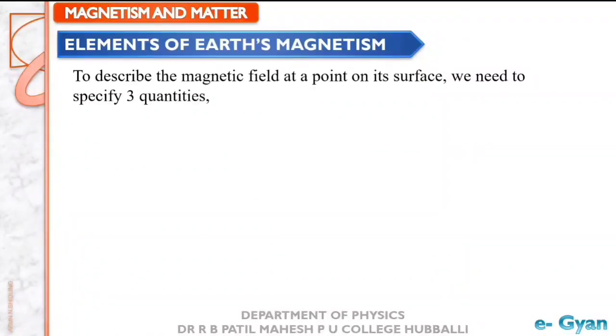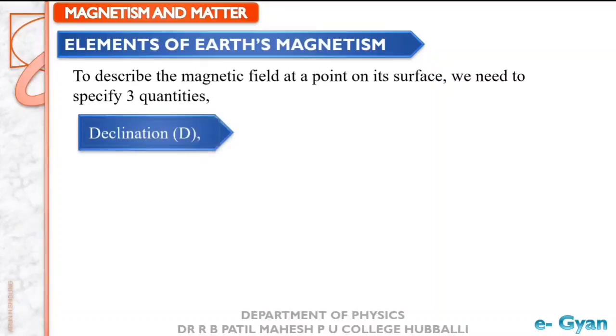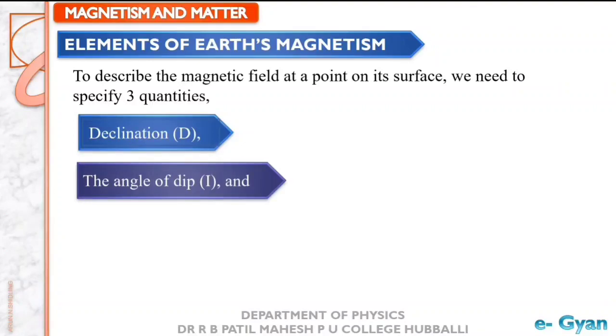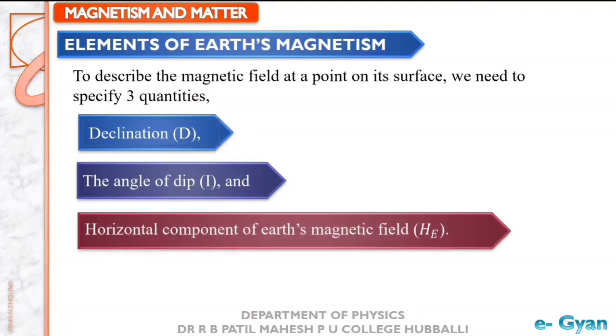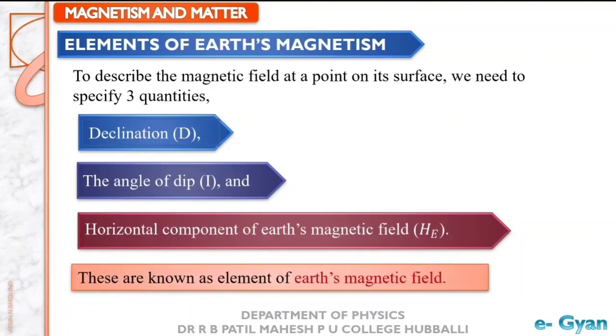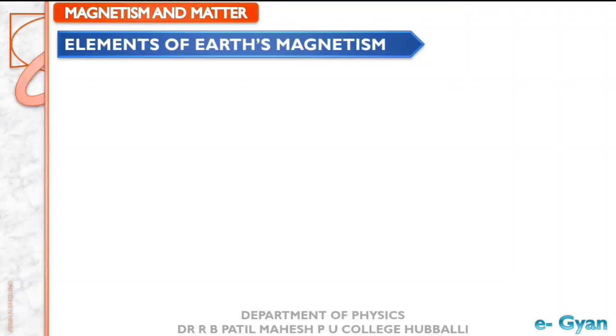Firstly, the declination D at a place; secondly, the angle of dip I, or inclination, at that place; and thirdly, the horizontal component of Earth's magnetic field, HE. These three are known as the elements of Earth's magnetic field. Let us define them one by one.